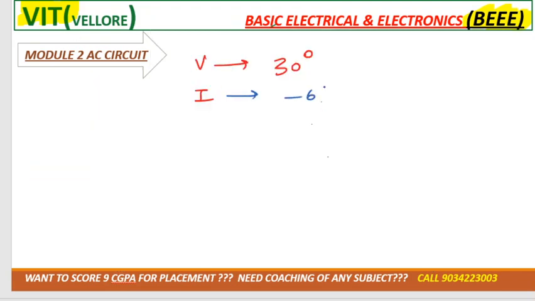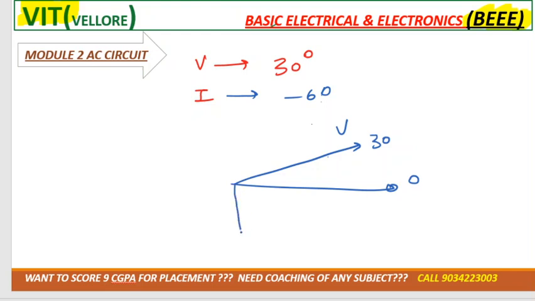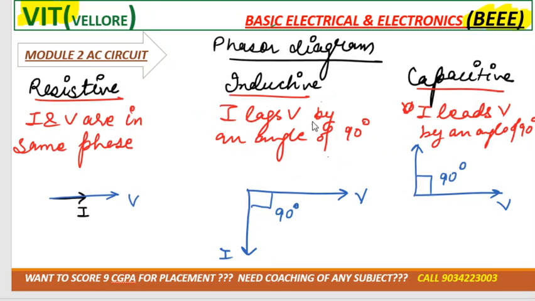If I draw the phasor diagram, 0 is this one, 30 degrees above is the voltage angle, minus 60 degree is on the downwards. Okay, now can you tell me in this case, voltage is leading or current is leading? That means current is lagging, right?